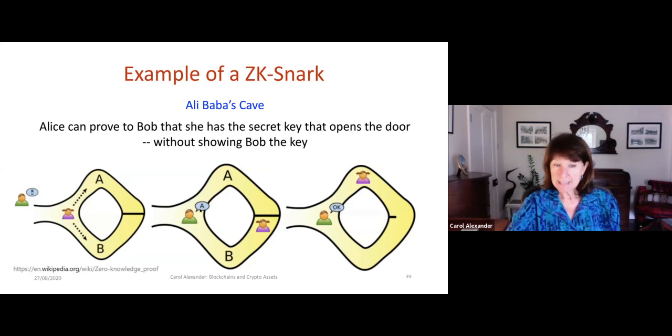Say he says A, then Alice will open the door and come out and say, here I am, A. But just by chance, there's a 50-50 chance. So this has to be repeated many, many times. Eventually, after doing it 100 times, and Alice always comes out of the one that he shouts, then without seeing the key, he knows she has the key.